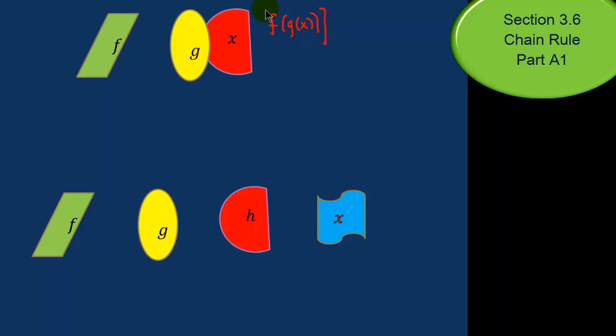If I want to take the derivative of this whole thing, we work on the outside first. It's f prime of g times the derivative of whatever f is acting on, so times the derivative of g with respect to x.